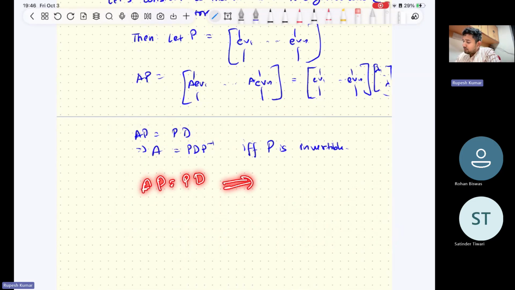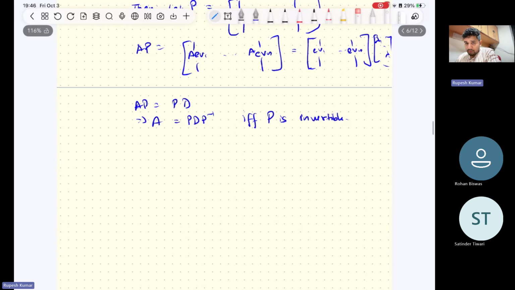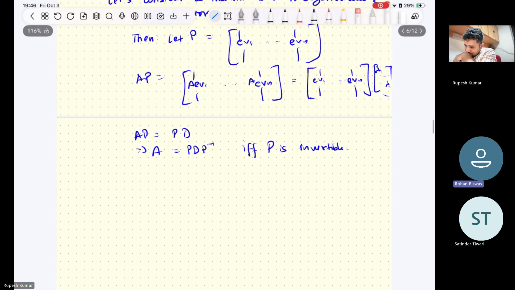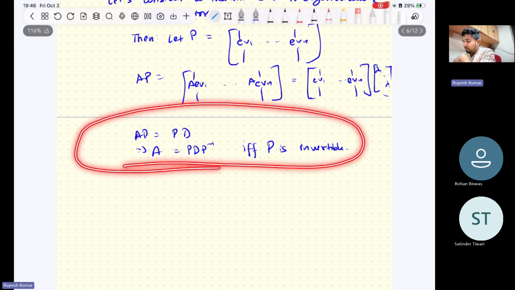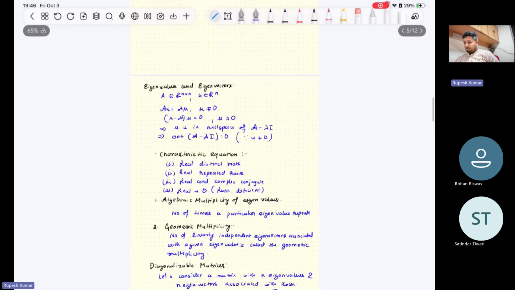Since all the columns of P are linearly independent, we can define P inverse. Do you agree with this? Then you can say that A equals P D P inverse. Here we have achieved the eigenvalue decomposition of a matrix A using the simple properties of eigenvalues.